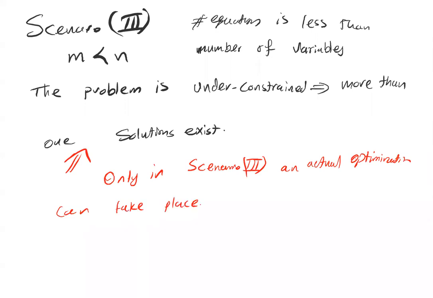What's the reason? Because if we have scenario 1 where m is equal to n, we either have one solution, or we have no solutions, or we have unlimited solutions.